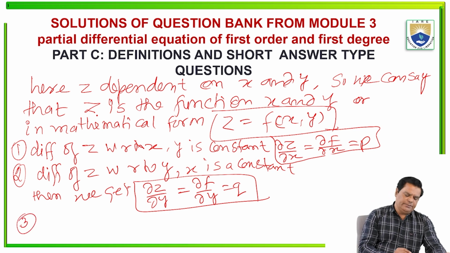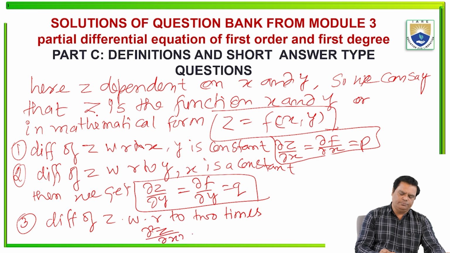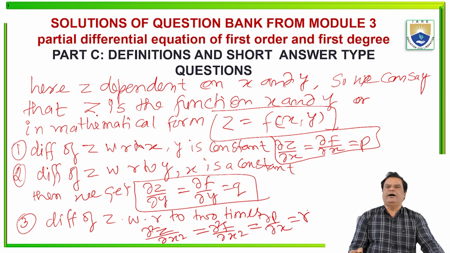Point 3 is differentiating z with respect to x two times. Then we get dou 2 z over dou x 2, which equals dou 2 f over dou x 2, and this equals r. Basically this represents dou p over dou x, or we can say r.